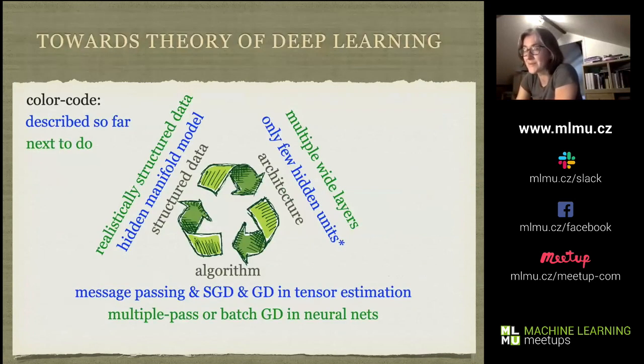And so here is back just the triangle. And if I had more time, or if there were fewer practical problems, then I actually have a little 10-minute part about each of the directions and how we are proceeding towards the green from the blue. In the blue, we can deal with only a few hidden units, but we can deal with more hidden units and have some interesting results there.